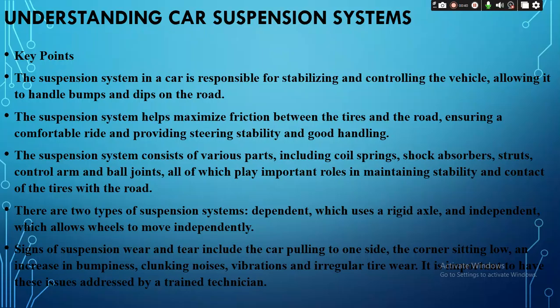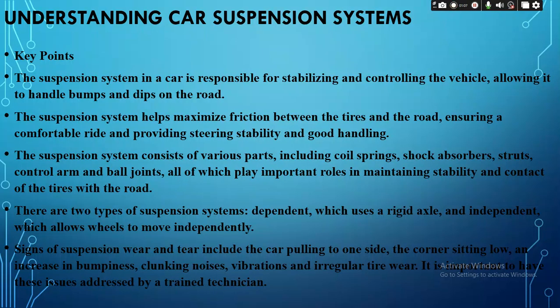The suspension system consists of various parts, including coil springs, shock absorbers, struts, control arm, and ball joints, all of which play important roles in maintaining stability and contact of the tires with the road. There are two types of suspension systems: dependent, which uses a rigid axle, and independent, which allows wheels to move independently.